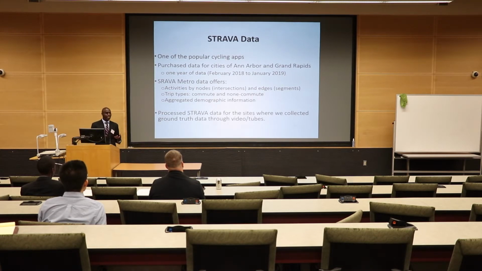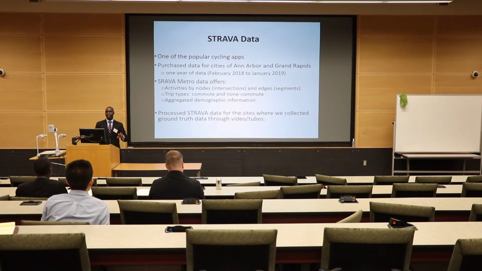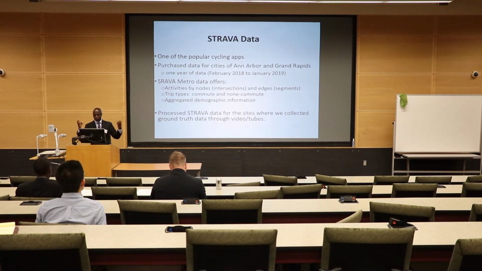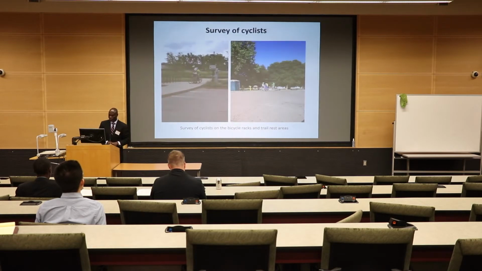And they give you information about the trip purpose. So Strava has a way of looking at the trips and figuring out whether the trip was commute or non-commute. And there is aggregated demographic information. So again, as I said, we had Strava data for the sites where we collected our ground truth data. So we had 2 data sets that we looked at.